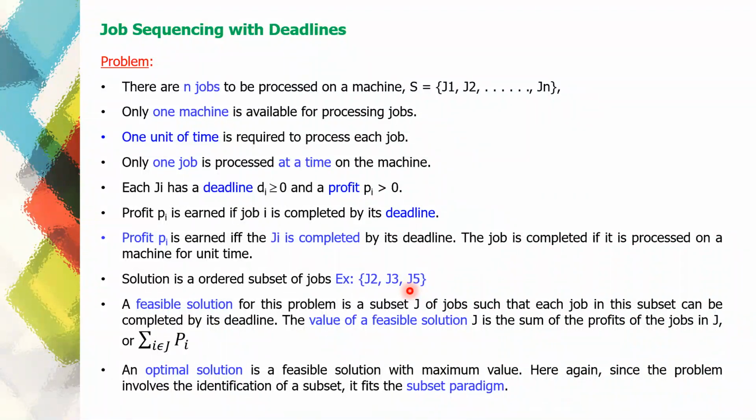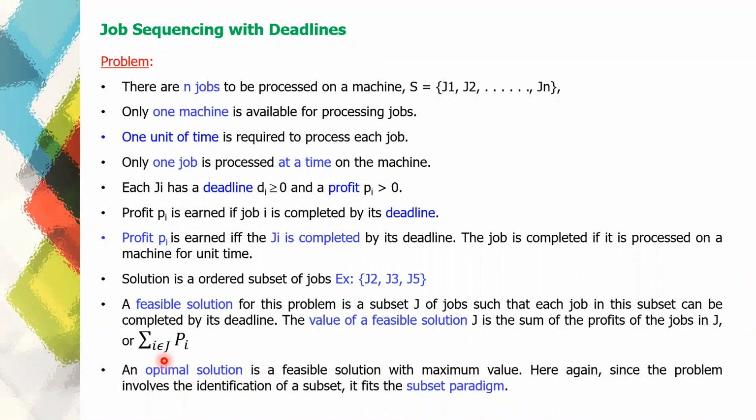So as such, there may be many feasible solutions for a given problem. And within all such feasible solutions, one or more solutions may be optimal solutions. An optimal solution is a feasible solution that will give you the maximum profit. And how you calculate profit for a given solution, it is equal to the sum of the profits for all the jobs in the solution vector.